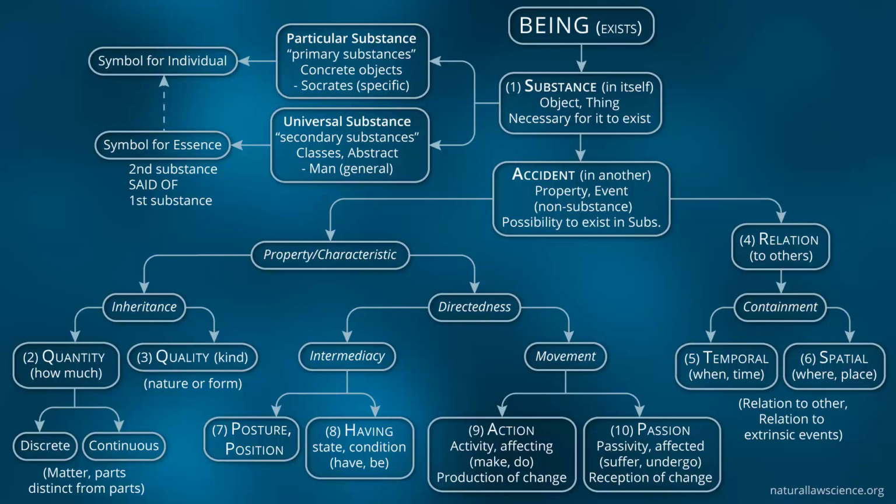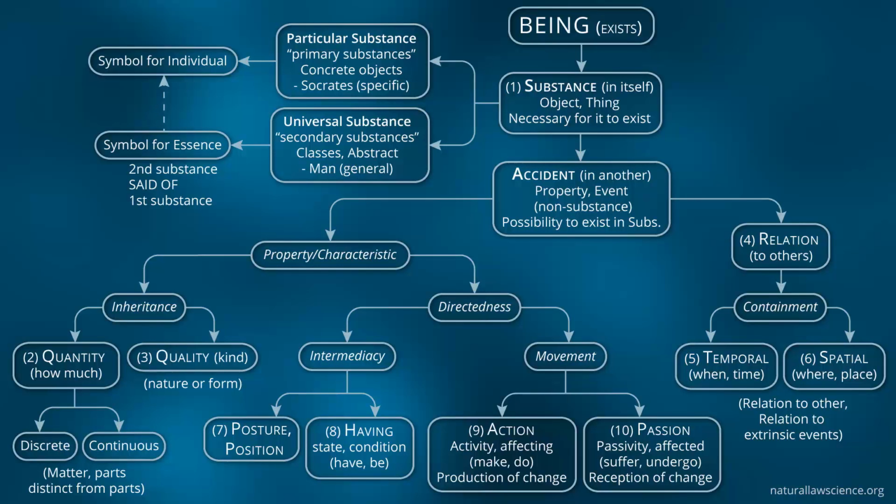So instead of concrete objects that exist in reality, these are the classes and the abstracts that are within those concrete objects that make it part of what it is. So man is a general universal, which is said of the first substance, which is Socrates.